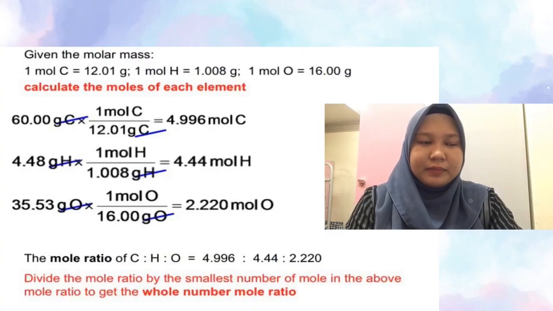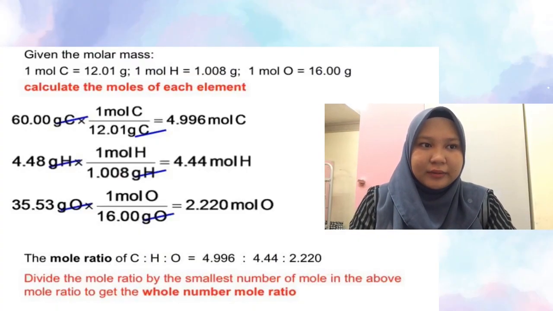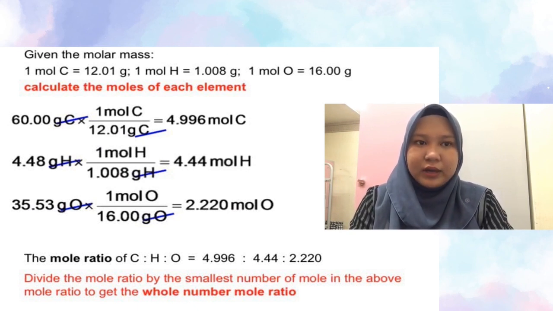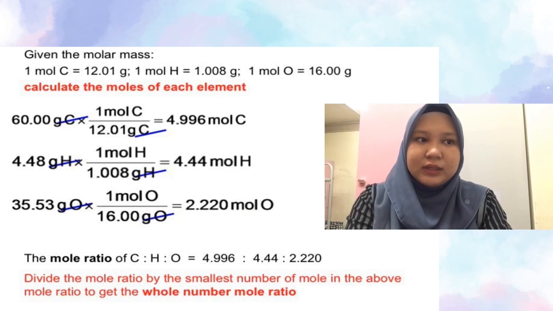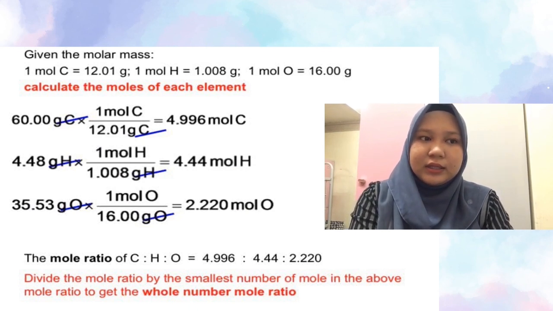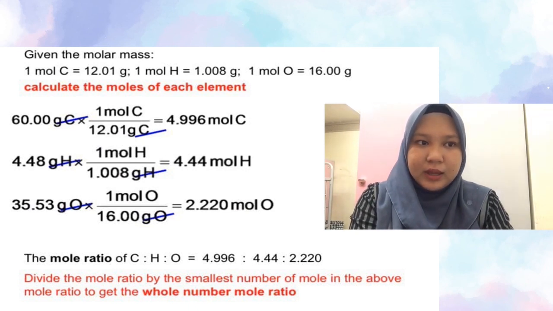Given the molar masses, 1 mole carbon is 12.01 grams, 1 mole hydrogen is 1.008 grams, and 1 mole oxygen is 16.00 grams. Calculate the moles of each element. 60.00 grams carbon divided by 12.01 grams per mole carbon equals 4.996 moles carbon.